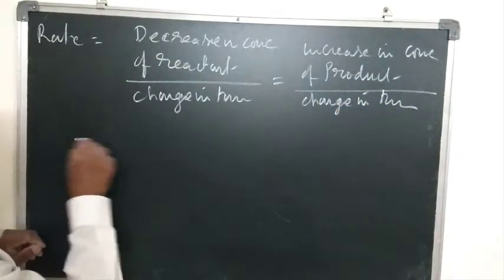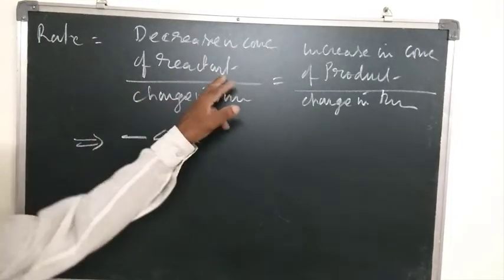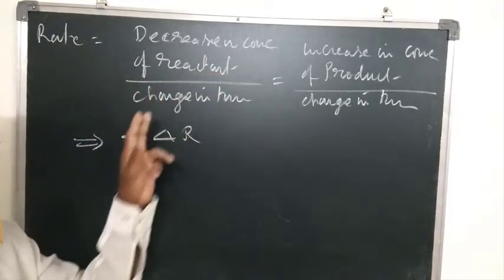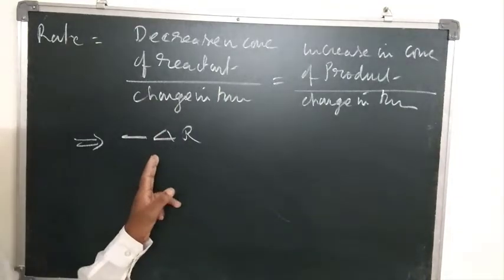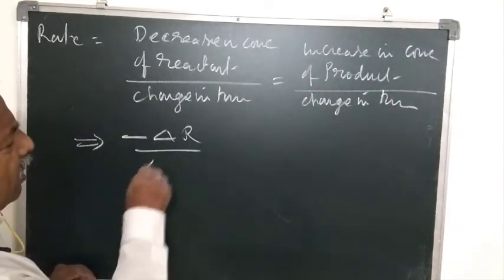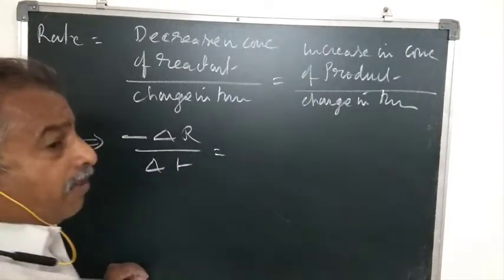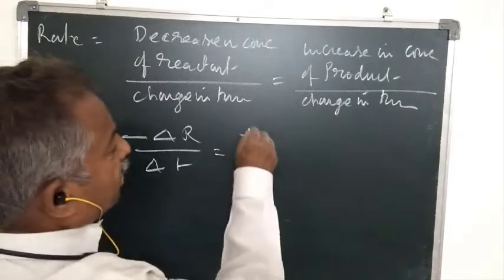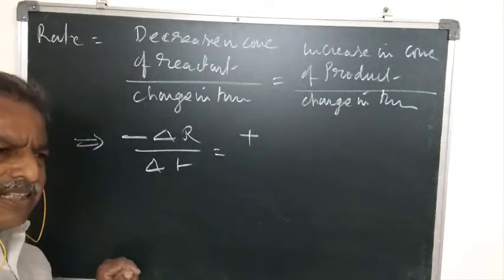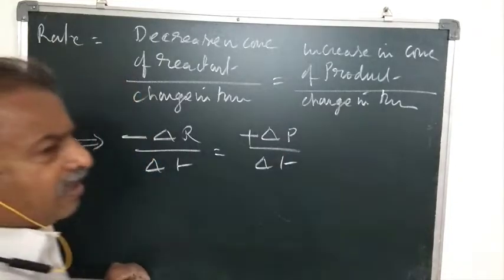So this is given by minus delta R, decrease in concentration of reactant. Because there is decrease in concentration, it is denoted by the negative sign. Negative sign indicates decrease. So minus delta R by delta T is equal to change in concentration of the product. Because concentration increases, it is denoted by the plus. Plus indicates increase. So plus delta P by delta T.